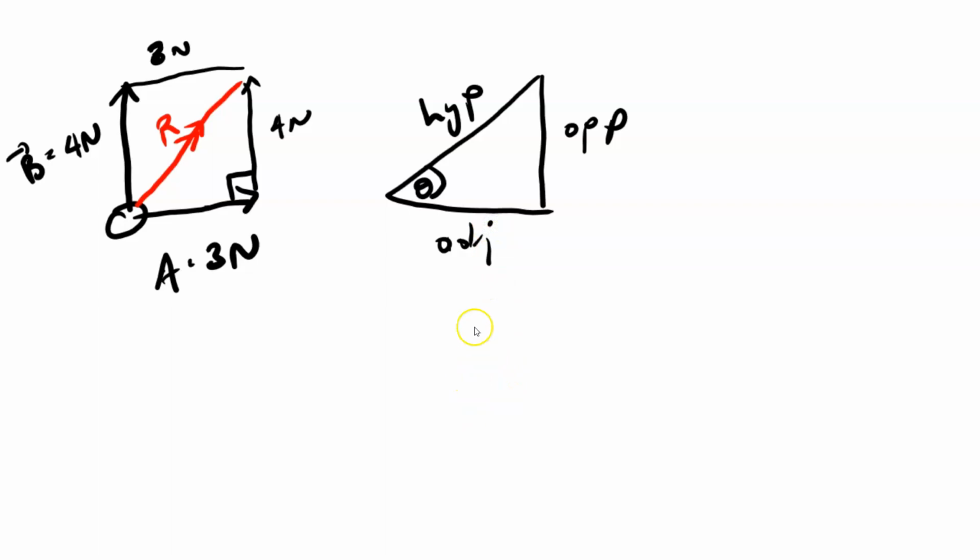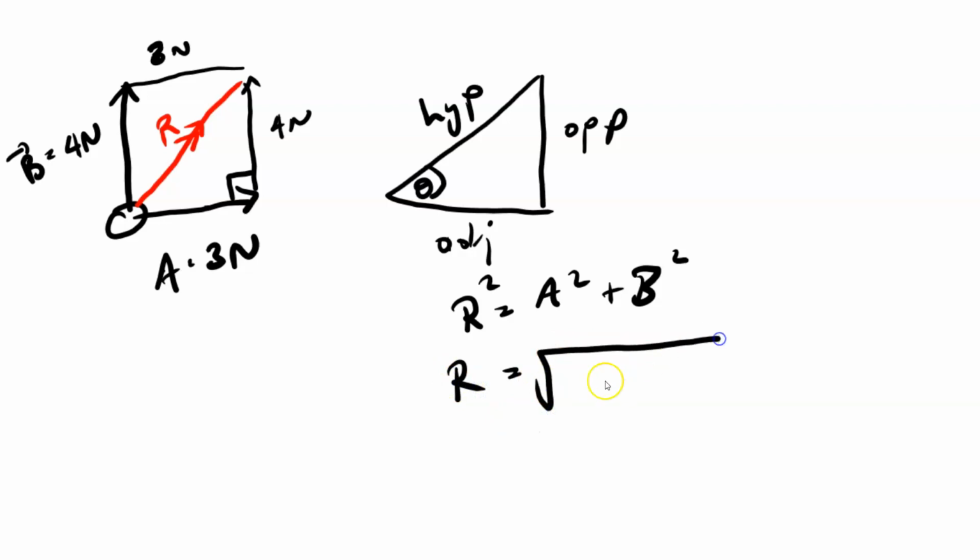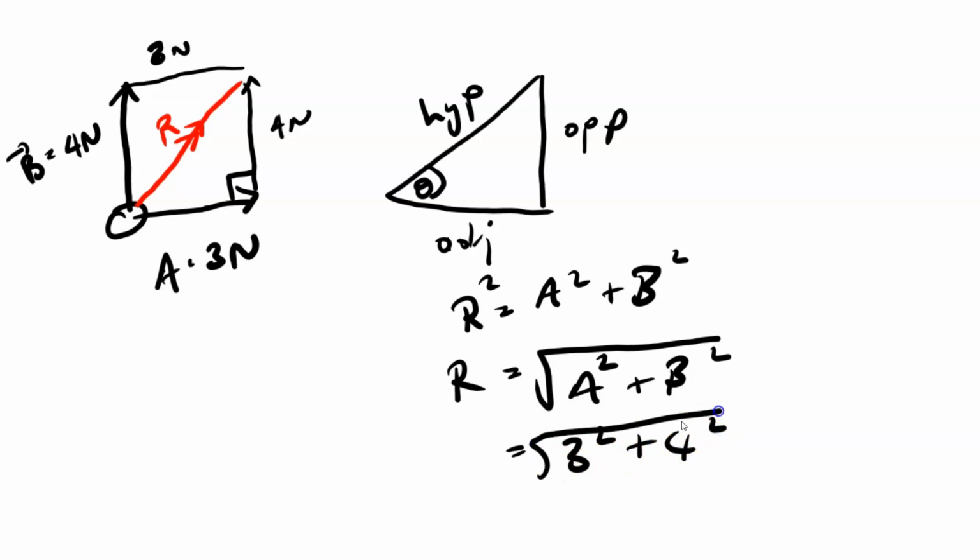Based on Pythagoras' theorem, r squared would be equal to a squared plus b squared, and r would be equal to the square root of a squared plus b squared. Therefore, r squared is equal to 3 squared plus 4 squared, and this would give me 9 plus 16, and we're going to end up with 25.